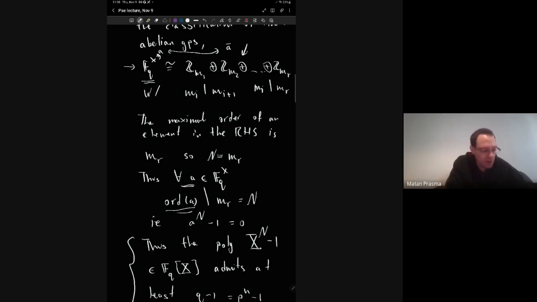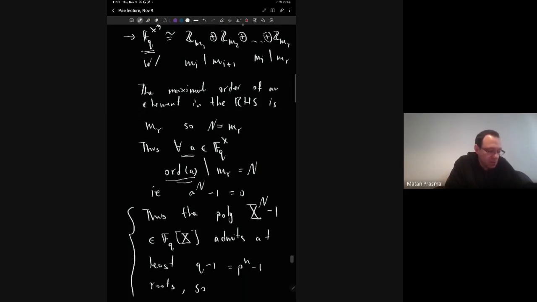If the order of A divides n, it means that A to the n is equal to 1, or A to the n minus 1 is equal to 0. So every element in FQ star is a root of the polynomial x to the n minus 1, and I have q minus 1 elements here.